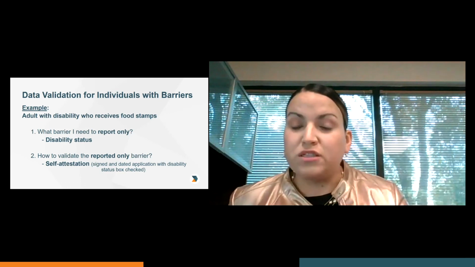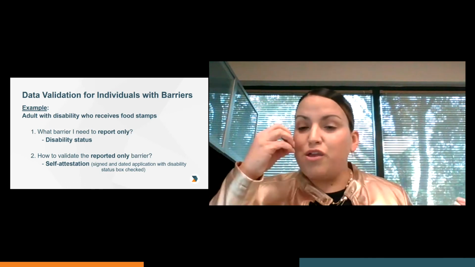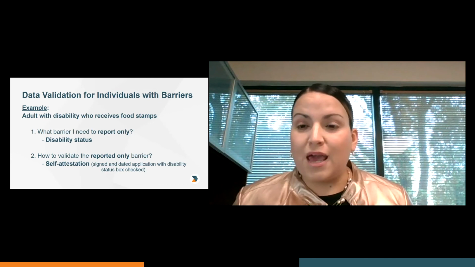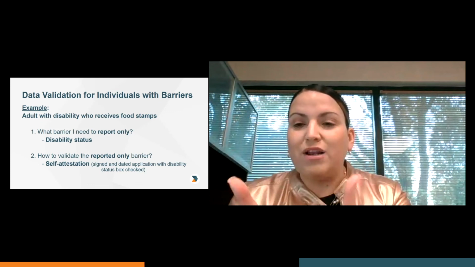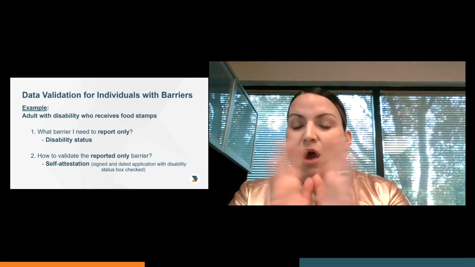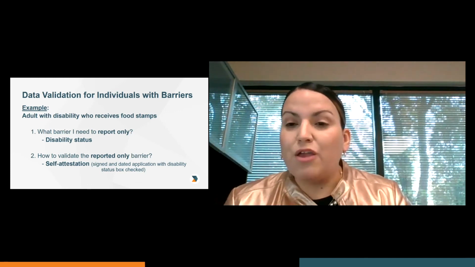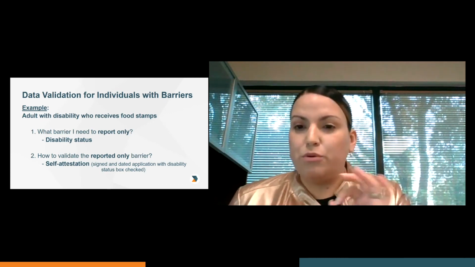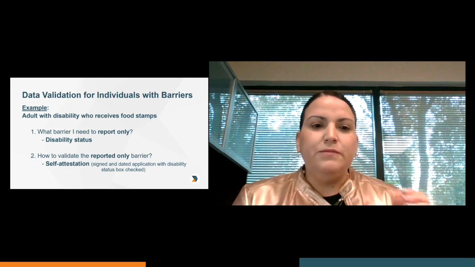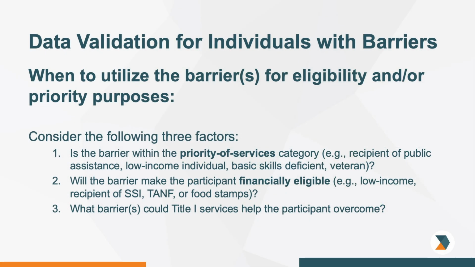Once they check those boxes, if you have that signature and the date on that application, you are good to go. You report this individual as having a disability, and then in our system, you report it and validate that data element through self-attestation. Excellent.